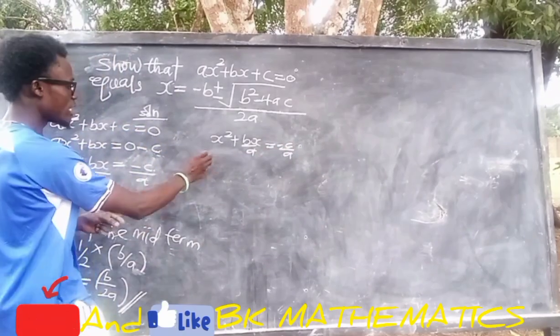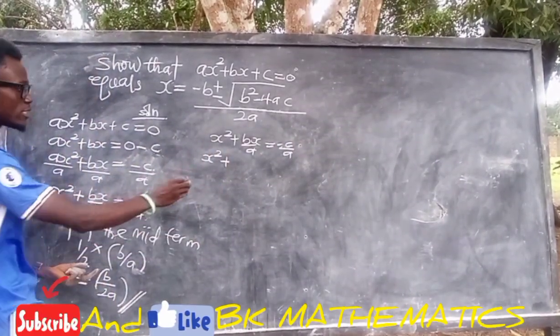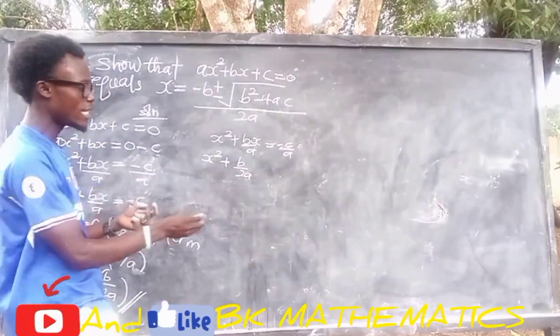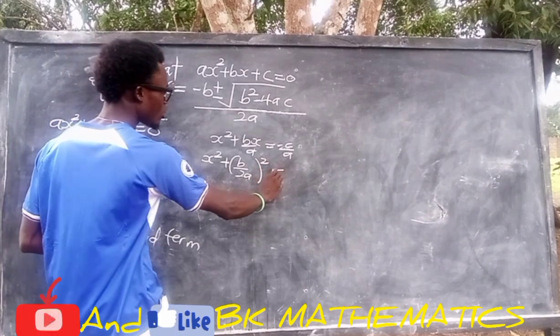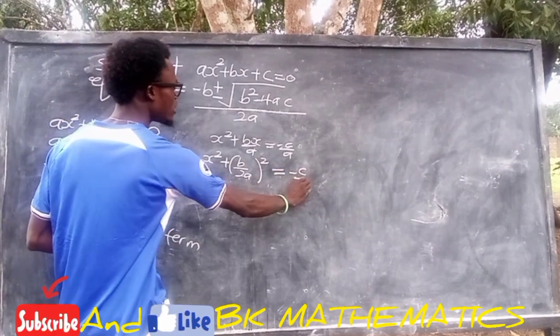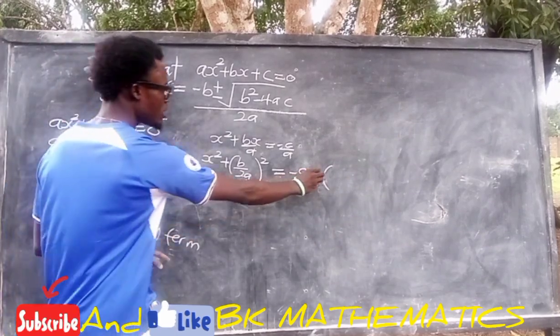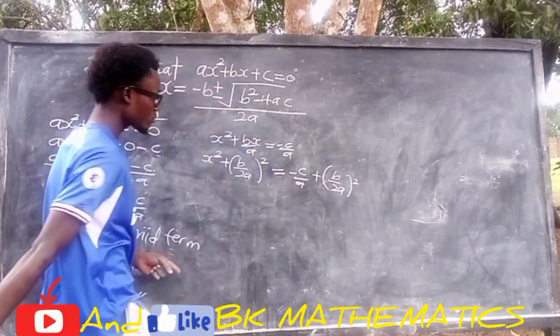Now we say x squared plus this answer that we have now, that is b upon 2a, after which we just need to square it because we are dealing with the complete square method. Everything becomes minus c upon a plus this answer that we also have, that is b upon 2a, after which we square it.